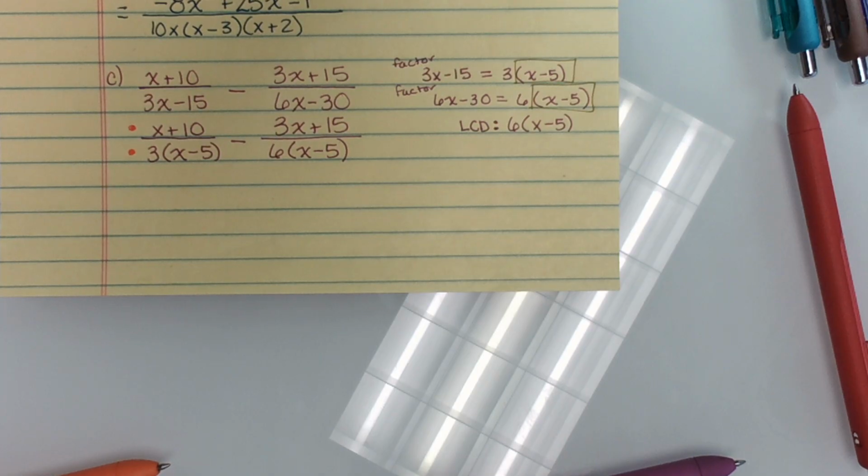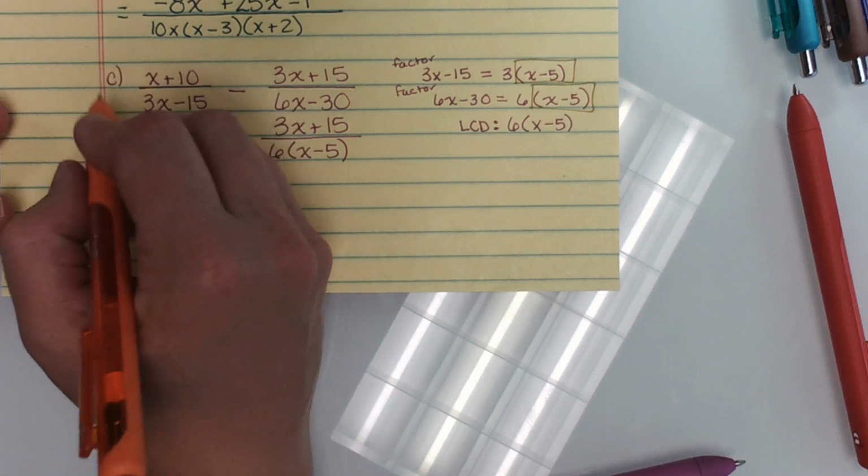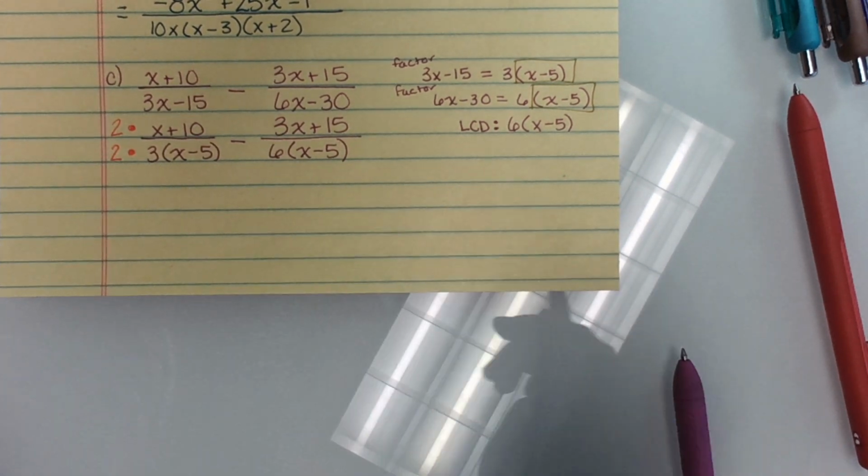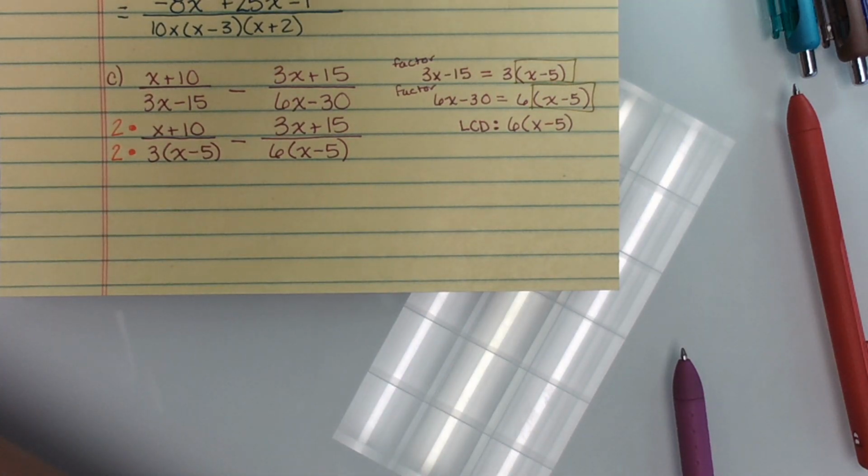What shall I multiply the first fraction by? 2? Yeah, that's all it's missing. What about the second fraction? Nothing. It's already got the LCD. It's kind of nice when it does that.